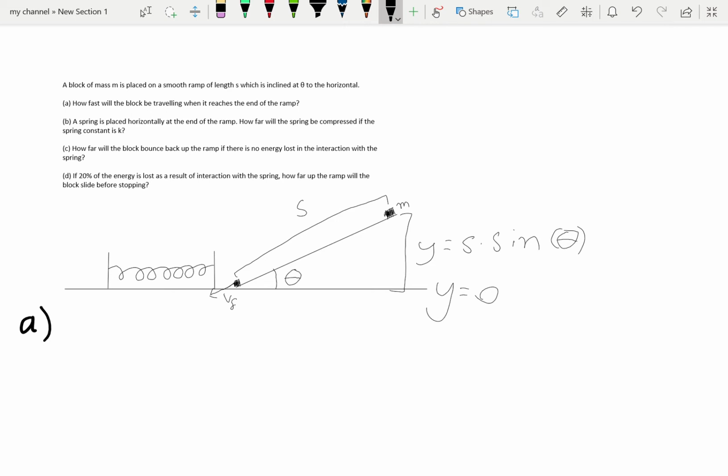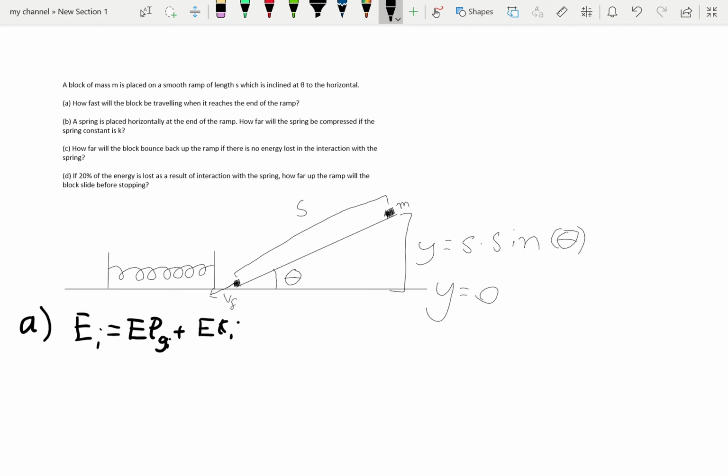Part A. Let's make some observations about the initial energy of the mass. EI is equal to EPG, the potential energy from gravity, initially, plus the initial kinetic energy initially.